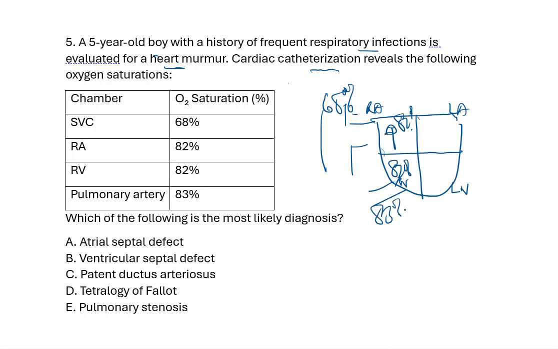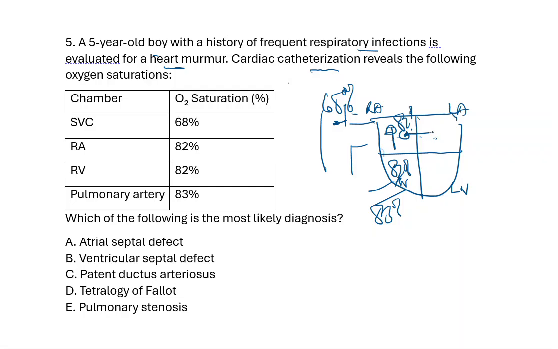So the only thing that could explain the jump in oxygen saturation from 68% to 82% in the right atrium is that there has to be a shunting of blood between the left atrium and the right atrium.